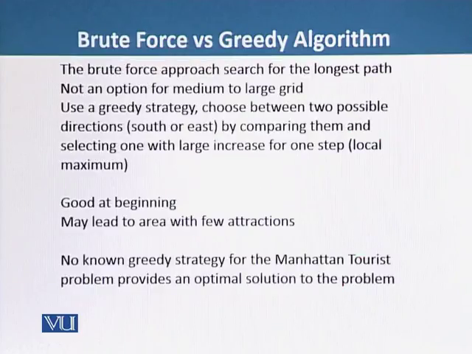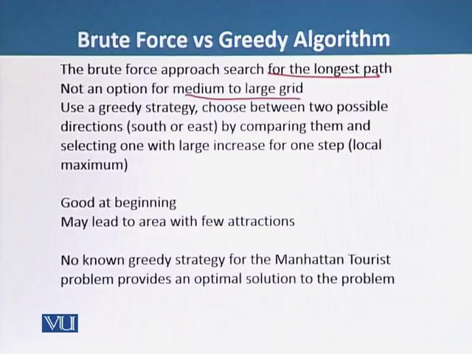So we will see the difference between the brute force and the greedy algorithm if we try to solve the Manhattan tourist problem. The brute force approach to find the longest path is not optimal for medium to large grids, because it recomputes again and again and takes a very long time.